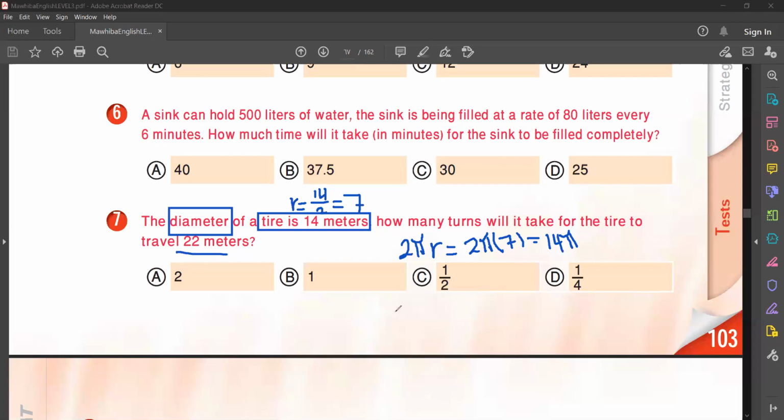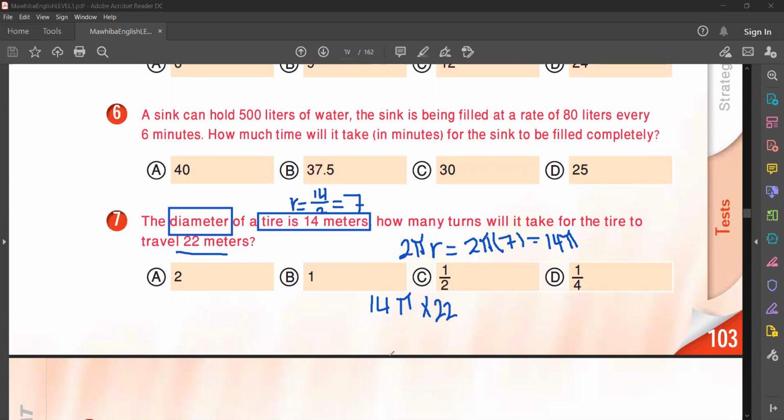So because we have 22 meters, you multiply 14 times pi by 22. How many turns do we have?